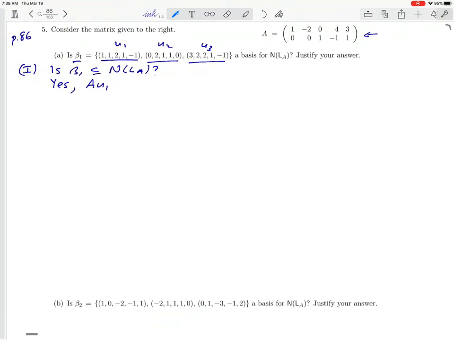Okay, if you did that, took A and multiplied it by U1, U2, and U3, you can confirm by direct calculation that you do get the 0 vector. Okay, I'll leave that to you doing the algebra there.